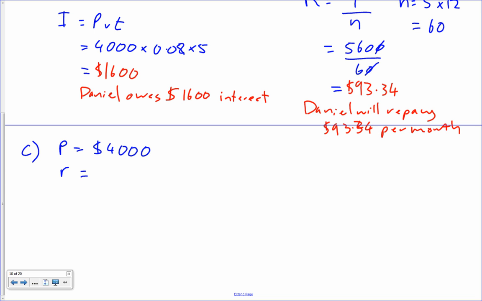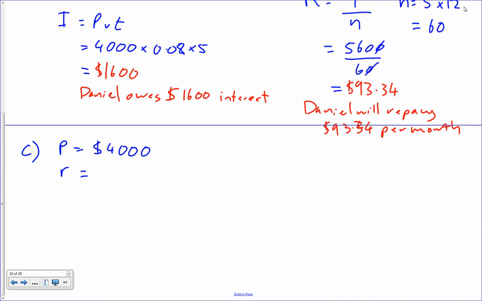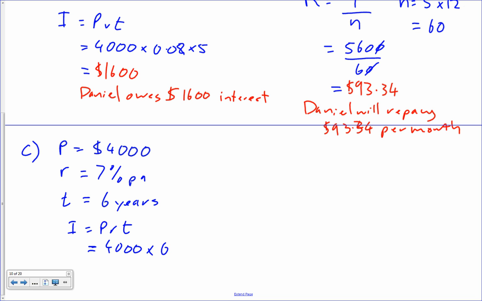Our new rate is going to be 7% per annum, and our time is going to be 6 years. So I equals PRT equals 4,000 times 0.07 times 6.